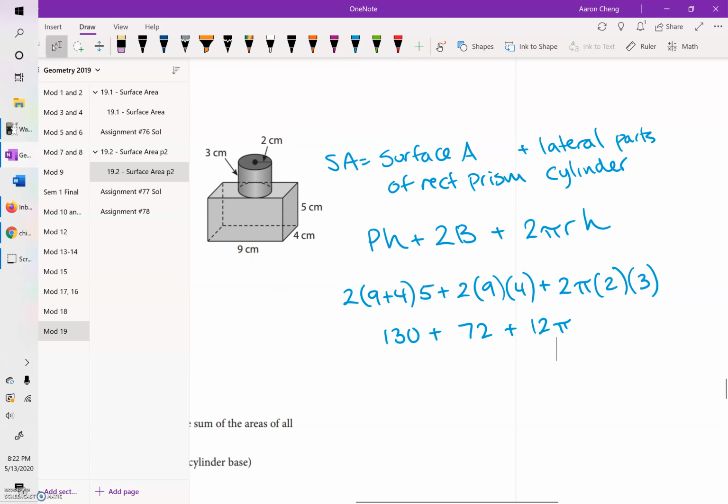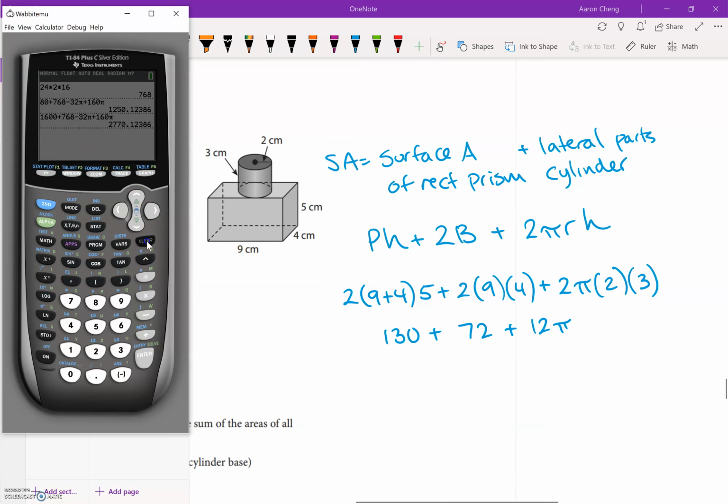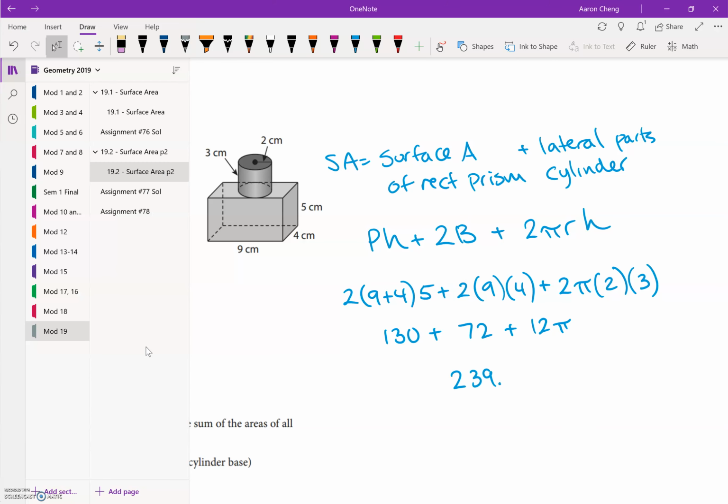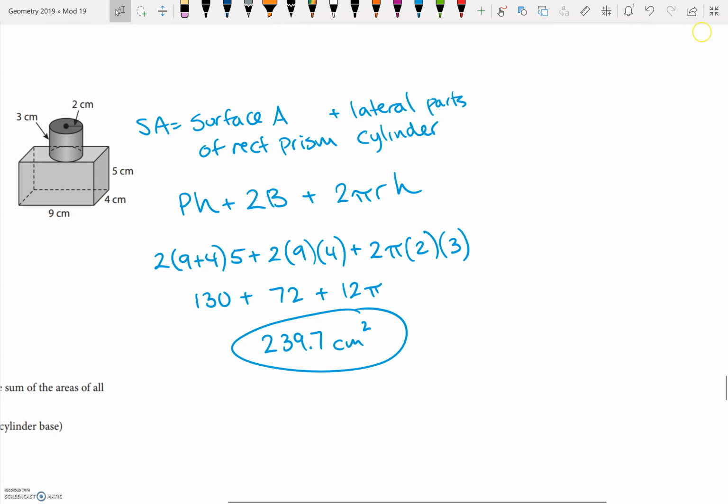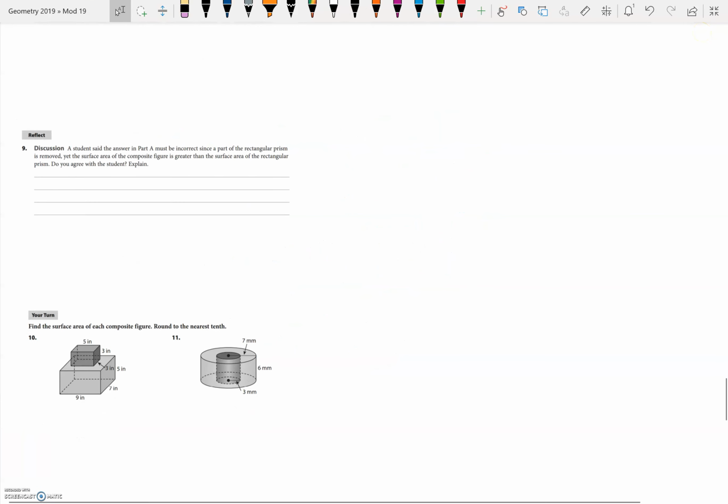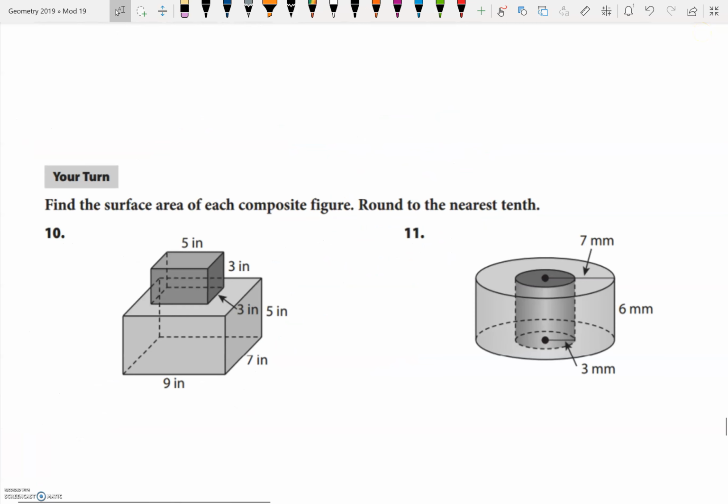We'll go ahead and add those together and see what we get. 239.7 centimeters squared. All right, now that I've done 2 examples, why don't you go ahead and try both of these, pause the video, and then I will see you in a bit.